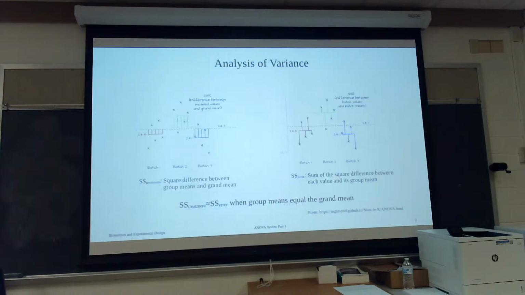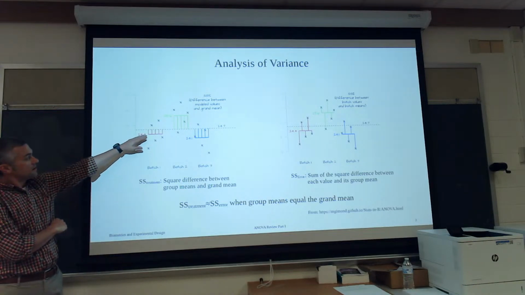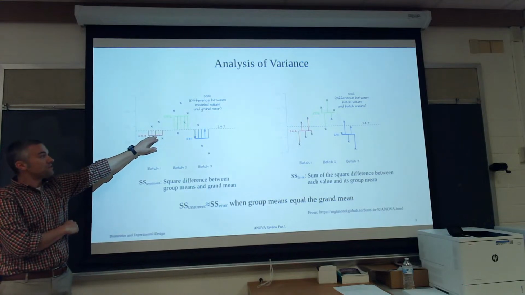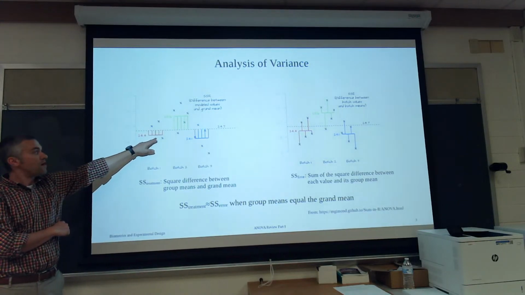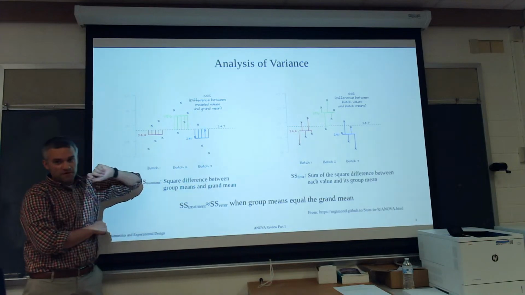Still continue. All right, so this is what ANOVA is doing. So we've got sums of squares treatment is looking at our group mean. So each of these is a group mean. Red is group 1, that's our mean. Green's group 2, blue's group 3.